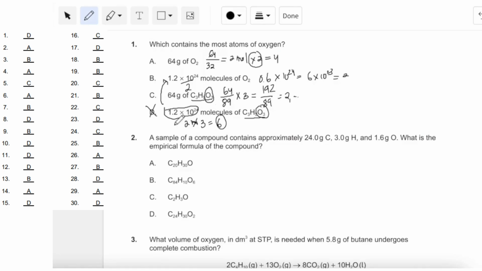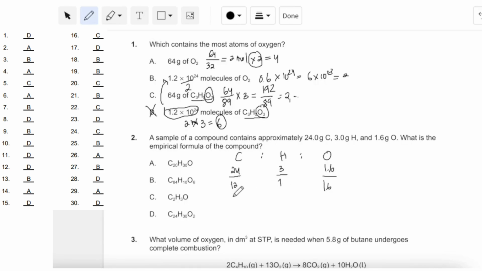Alright, number 2: a sample of a compound contains approximately 24 gram of C, H, and O. We are trying to find the empirical formula, so simply do this. 24 gram of C, 3 gram of H, and 1.6 gram of O. We need to divide by the molar mass of C, which is 12, H, which is 1, and O, which is 16.